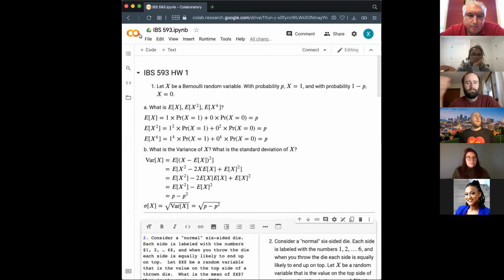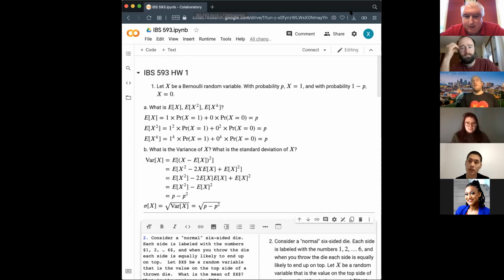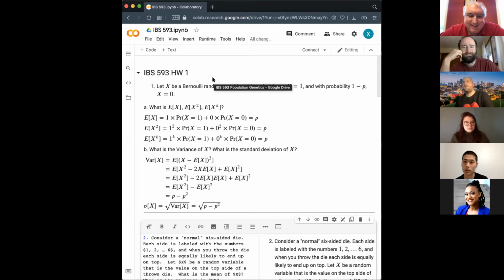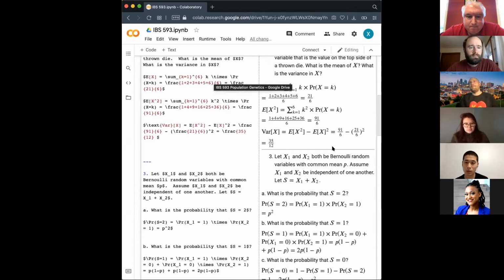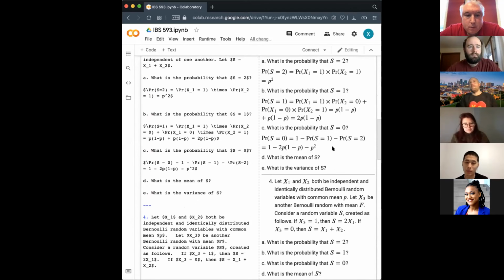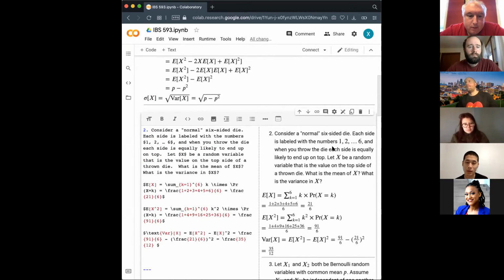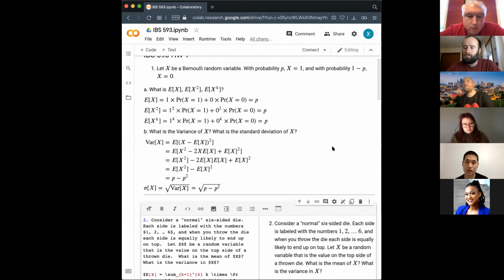Oh, look at that. I'm sharing my screen. I guess you can see that I'm trying to do the homework on Google Colab, which is basically an IPython notebook. Instead of LaTeX, well, I guess this is HTML, but it's basically the same syntax as LaTeX.